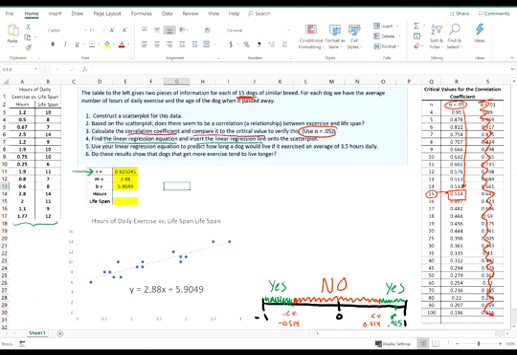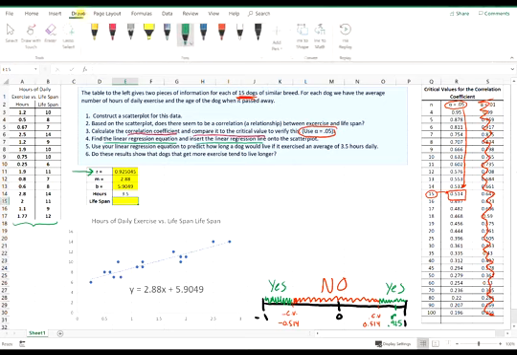So now, use your linear regression equation to predict how long a dog would live if it exercised on average 3.5 hours daily. So if hours is 3.5, what is the lifespan? Well, we have an equation, y equals mx plus b, where x and y are the variables, where these are the x values and these are the y values.